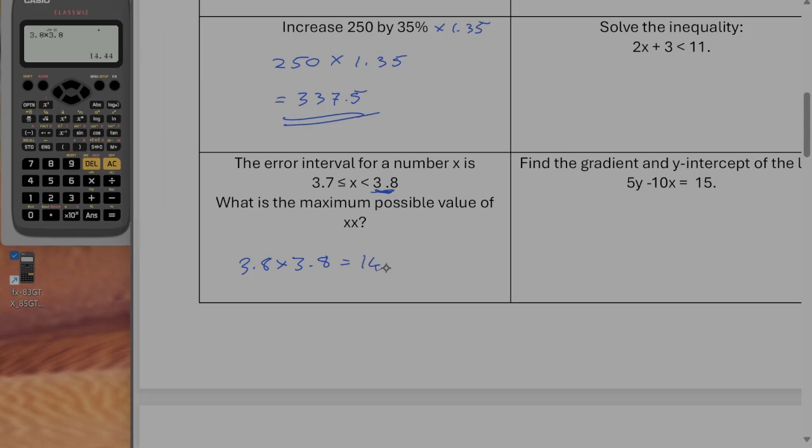So 14.44. Technically, in terms of bounds, that would be okay. We could see an argument for saying that it's 14.439 recurring, which would be arguably acceptable as well.